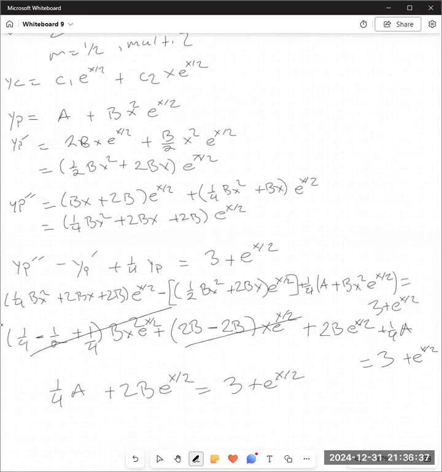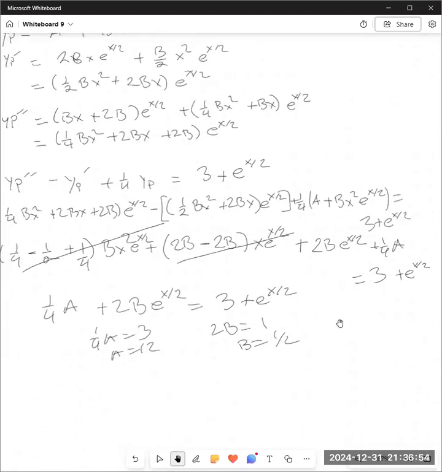So 1/4 a is equal to 3, making a equal to 12, and 2b is equal to 1, making b equal to 1/2. So now that makes my yp equal to (12 plus 1/2 x squared) e to the x over 2.